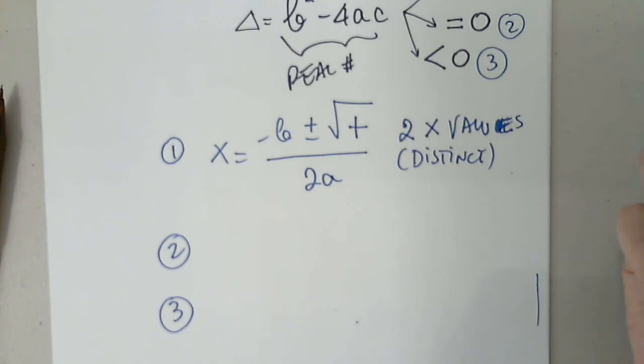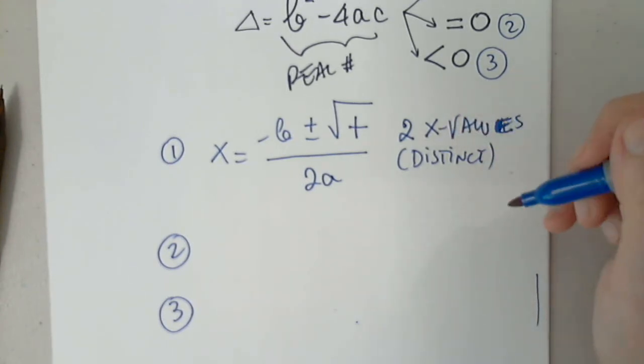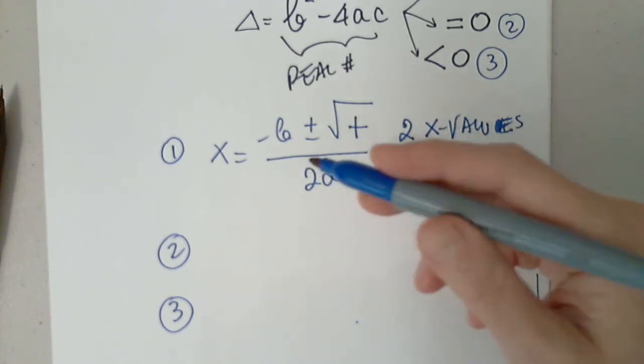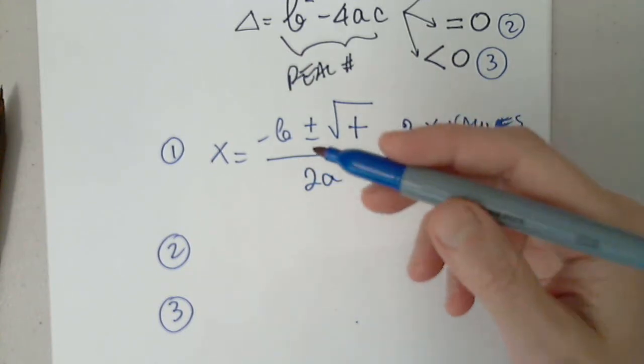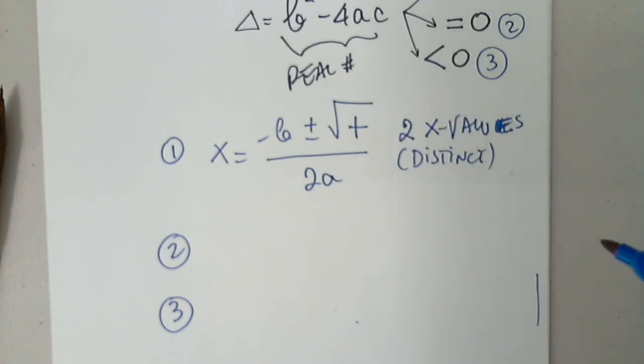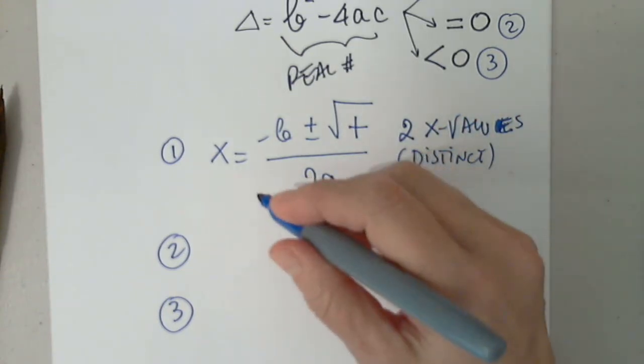Distinct meaning not the same. 2 x values like 5 and negative 3, 2 and negative 9, 10 and positive 7. 2 x values that are distinct solutions.